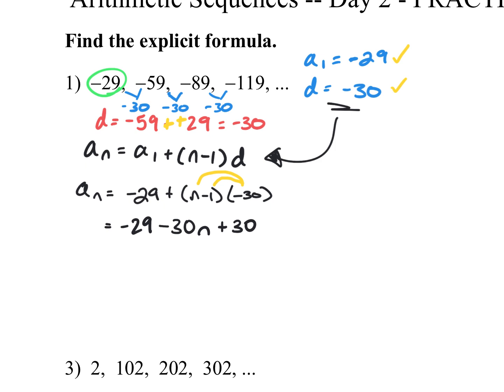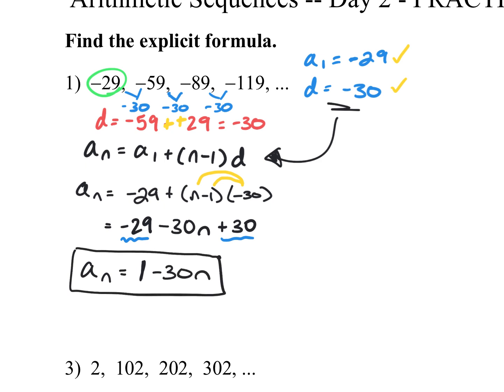You are still not done. You have got to combine like terms. So that is everything without an n. Well, what is negative 29 plus 30? Should be positive 1. So your final answer will be 1, and then you bring down your minus 30n. So your final answer is a sub n is equal to 1 minus 30n. And that is your explicit formula for this sequence.